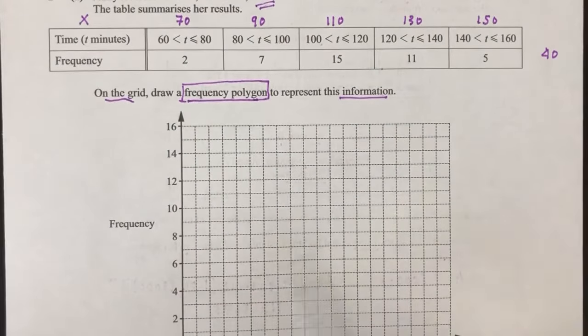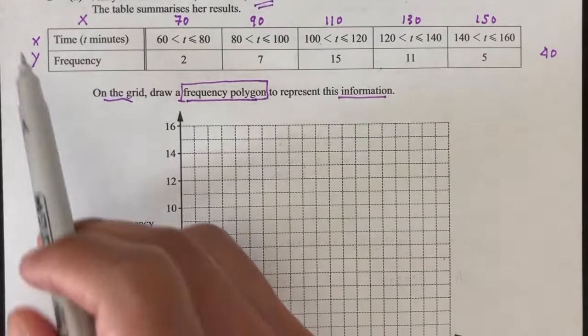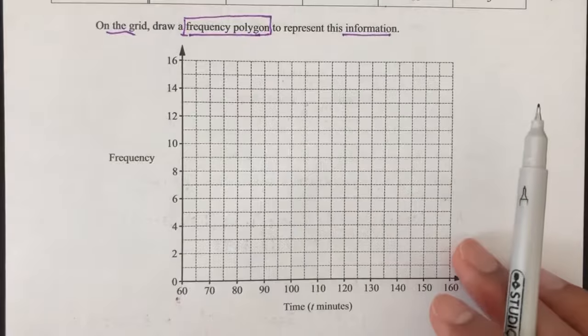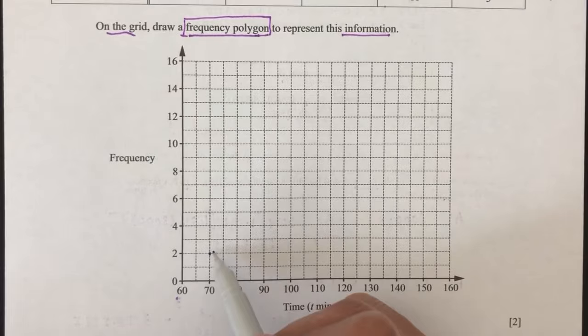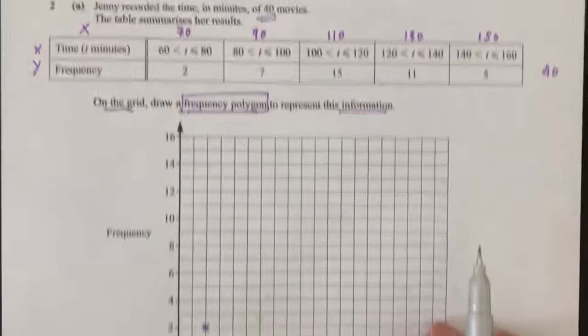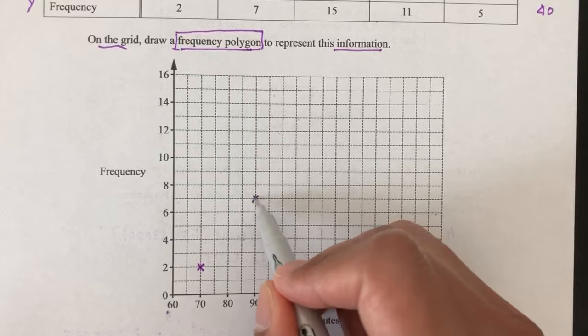Now let's plot the graph. This is the X and this is the Y. So first one, X will be 72. So 72 will be here. Then we have 97, so 97 will be here.